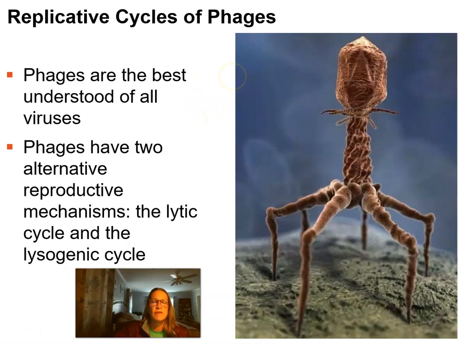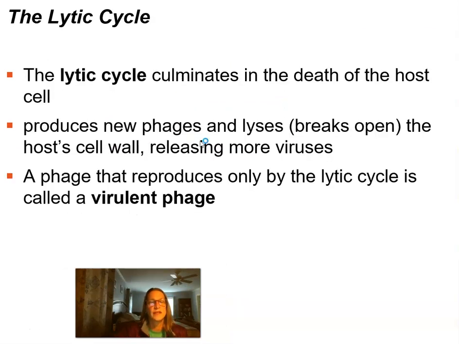Phages have two different replicative mechanisms, the lytic cycle and the lysogenic cycle, which we're going to spend some time going over. In the lytic cycle, the virus infects the host, and then a bunch of new viruses are created.